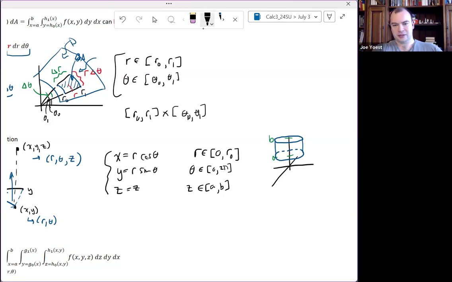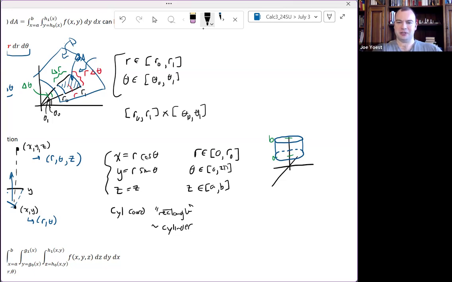So a cylindrical coordinate rectangle is essentially a cylinder, right? If we set up r, theta, and z's bounds to be completely independent of one another, we get something like this, something like a cylinder.